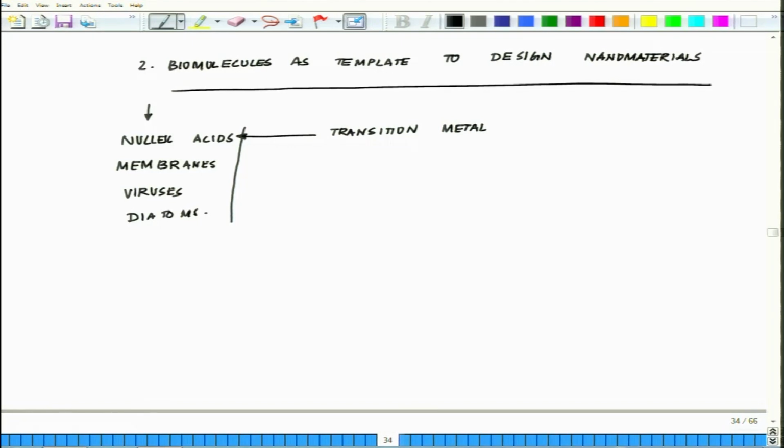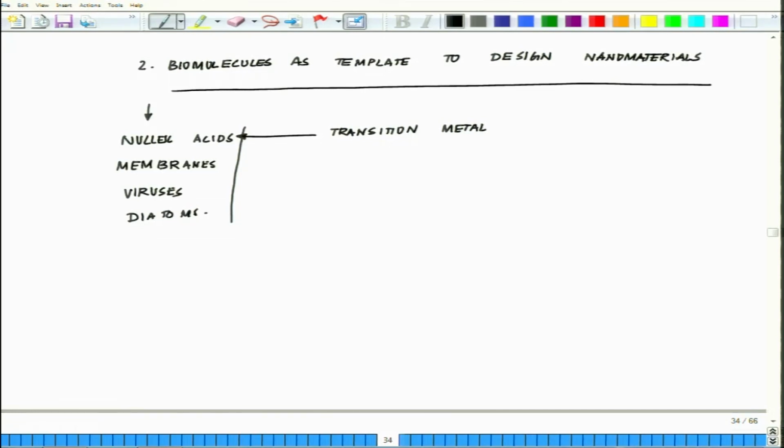So, this is one way you can use DNA, and DNA mediated synthesis or strategy to synthesize highly stable wire like clusters of silver nanomaterial is also a very commonly observed area of research. Okay. So, one such area.